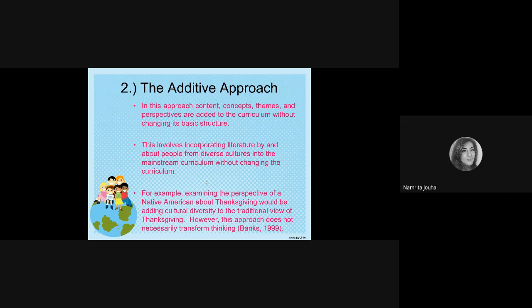For example, the perspective of Native Americans about Thanksgiving would be adding cultural diversity to the traditional view of Thanksgiving. This approach may not transform the original thinking of others, but it is adding on, helping them understand the values or beliefs of the other culture.